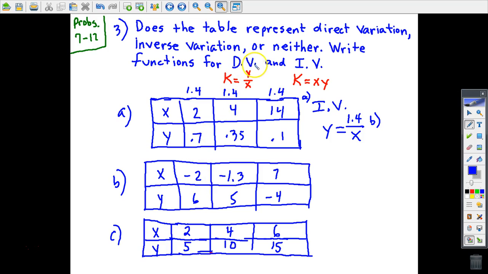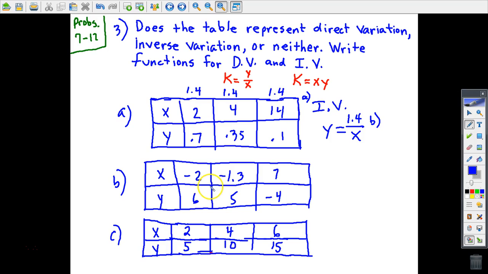Let's see if it's direct variation. If it is, then when I do y divided by x, I'll get the same result every time. 6 divided by negative 2 is negative 3. Well, you can probably tell that 5 divided by negative 1.3 is not negative 3. All right.